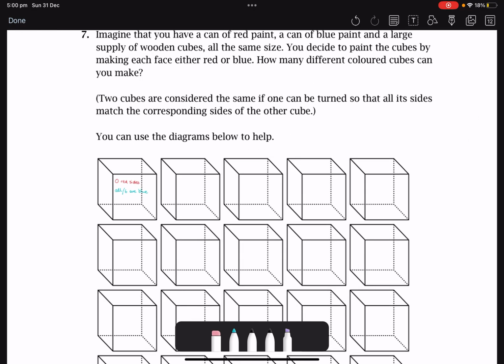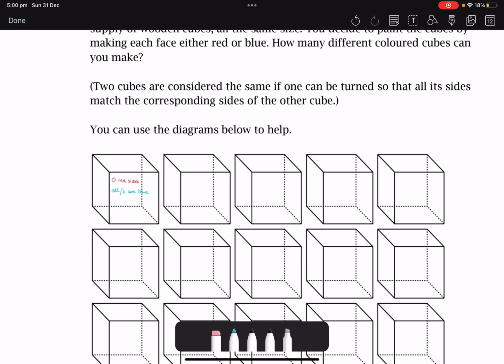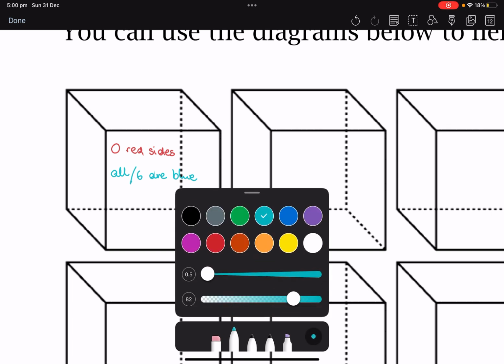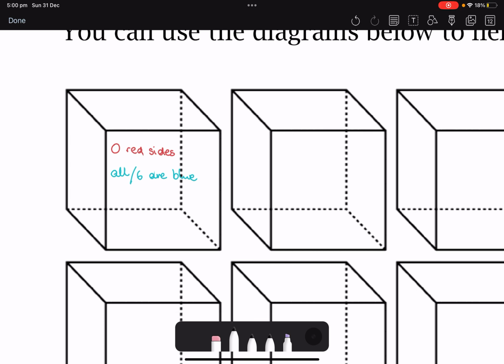So that's our first option, and there is only one way to do that. One way.